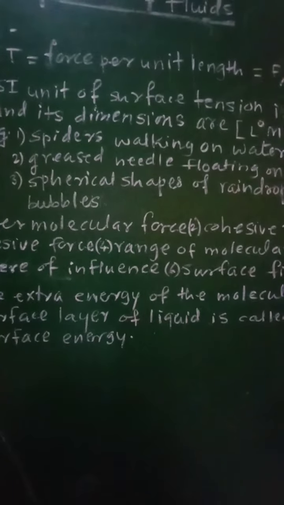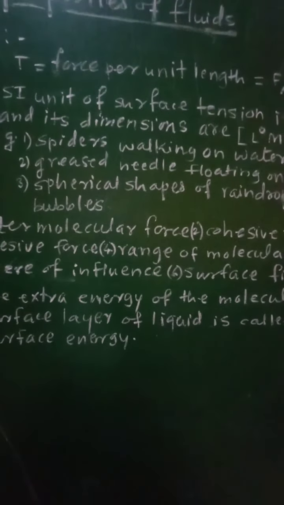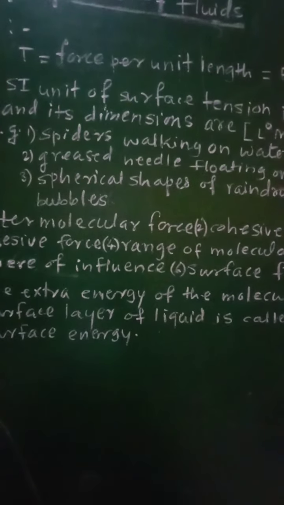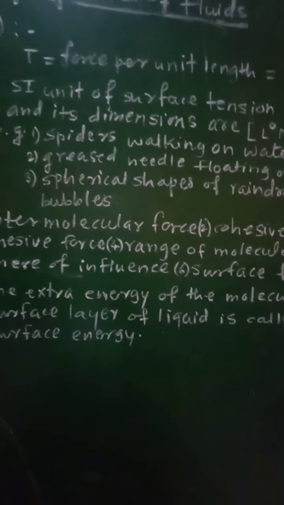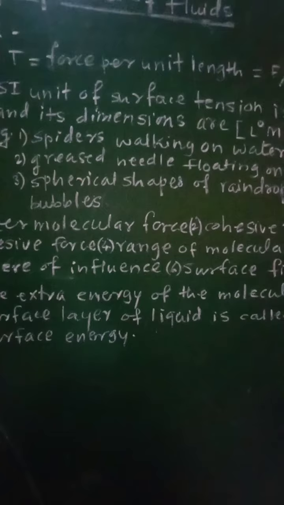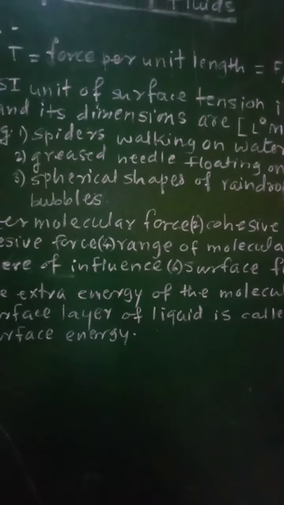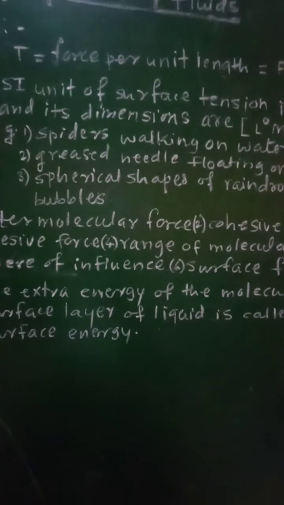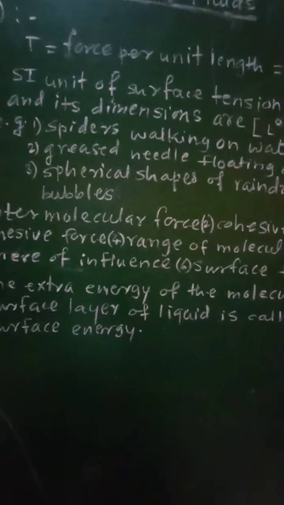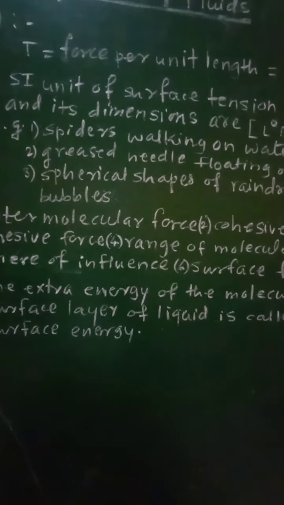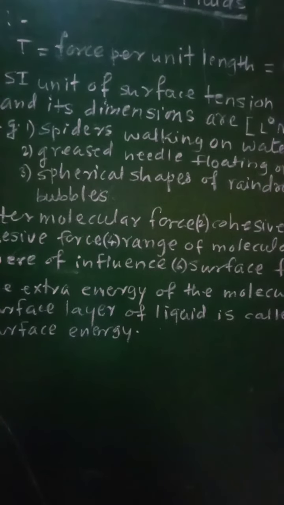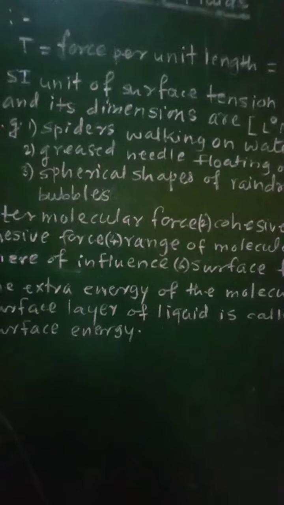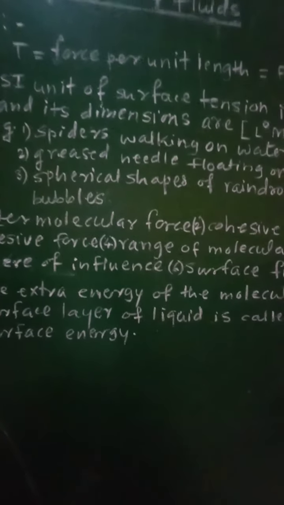Then the surface molecules will possess extra potential energy. These surface molecules which are brought to the free surface of the liquid possess extra energy, because the work done on them is stored as potential energy, and that energy is large compared to the energy of the molecules inside the liquid.